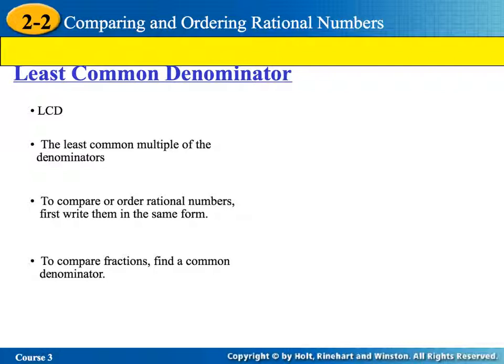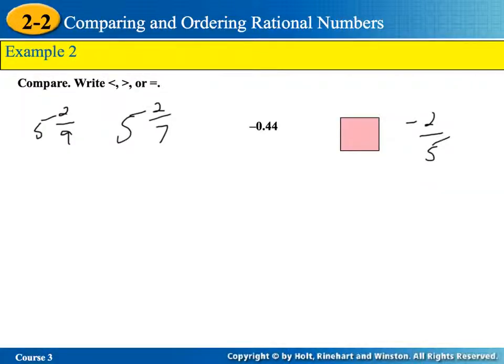Because when we compare two fractions, we are going to have a common denominator. So we will be comparing things using least common denominator or something else. So pause now, write this down, and I will explain.